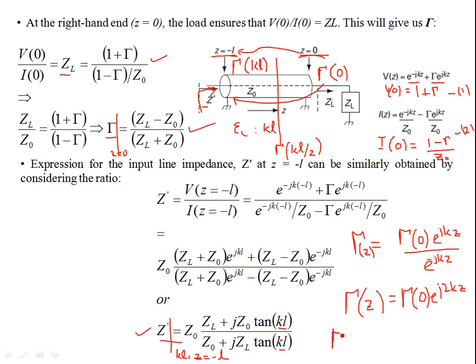So if I replace Z by minus L, well, this is my reflection coefficient. It turns out to be gamma 0 into e to the power minus J 2KL.